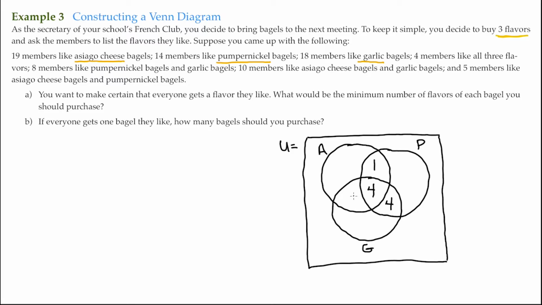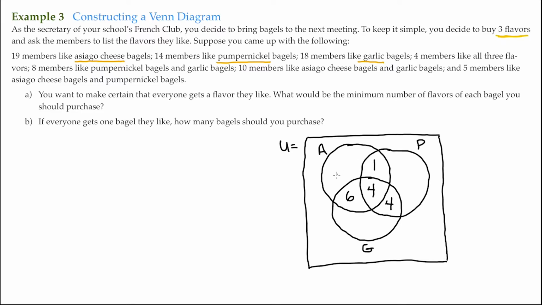I continue going on. Let's look for any that have Asiago cheese and garlic. And it says right here, 10 members like Asiago cheese bagels and garlic bagels. So I'm going to put in 6 because 4 are already accounted for. And there's our 10 that like Asiago cheese and garlic.